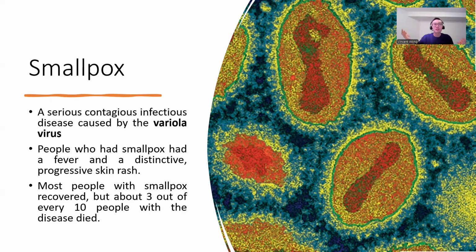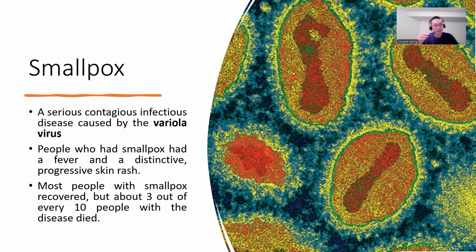So there are all these pox viruses, and they're all kind of related in the sense that they belong to the same family, the Variola virus family. And smallpox is very, very contagious and very deadly. Most people with smallpox do recover, but it is deadly in the sense that 30% of them will die. 30% is a lot.